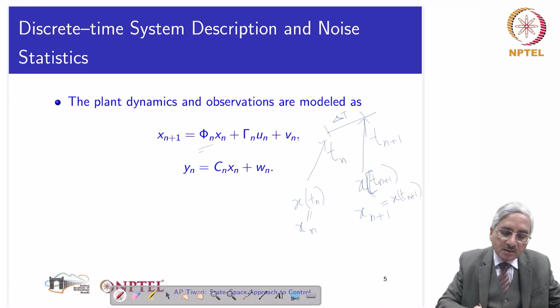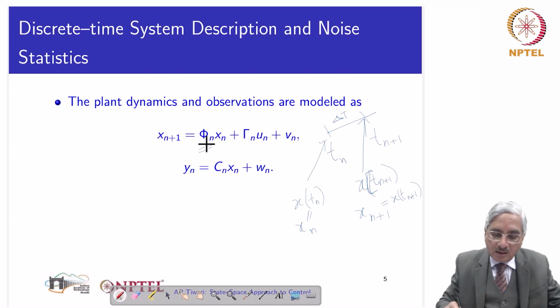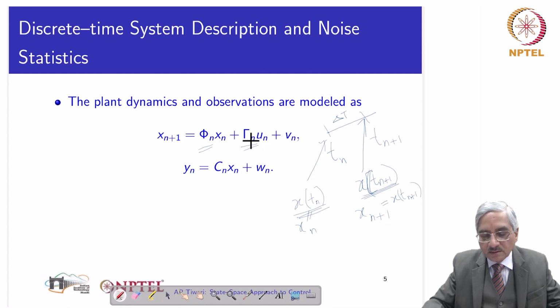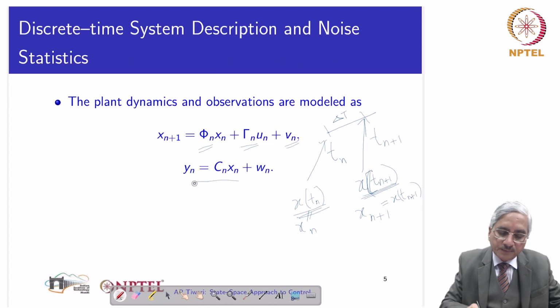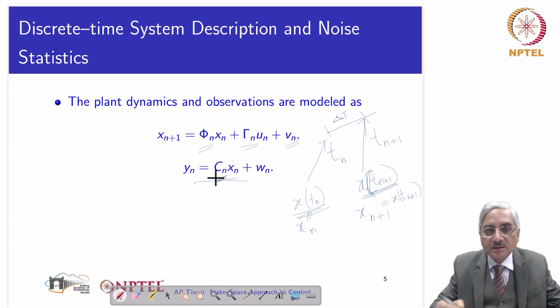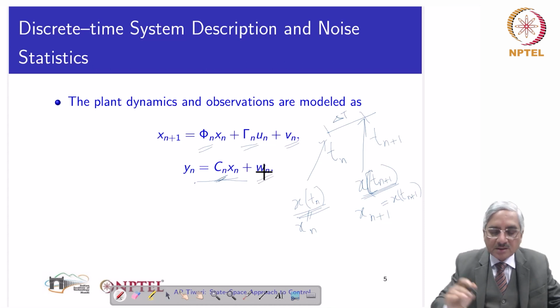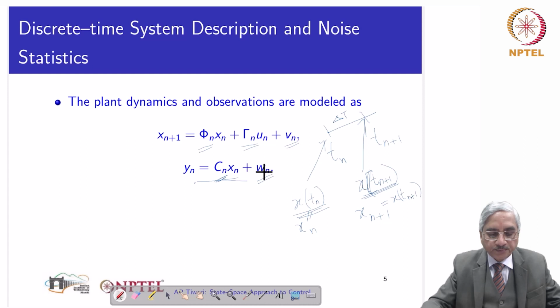Phi is the state transition matrix relating x at Tn to x at Tn plus 1, and gamma n is the input matrix. Vn is the noise entering the system along with the input and corrupting its response, and y is CnXn, Cn being the output matrix at Tn, plus the noise Wn.